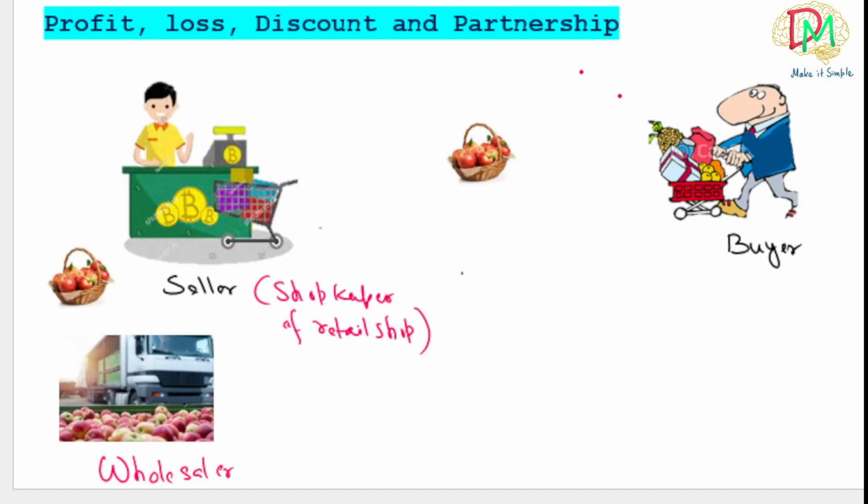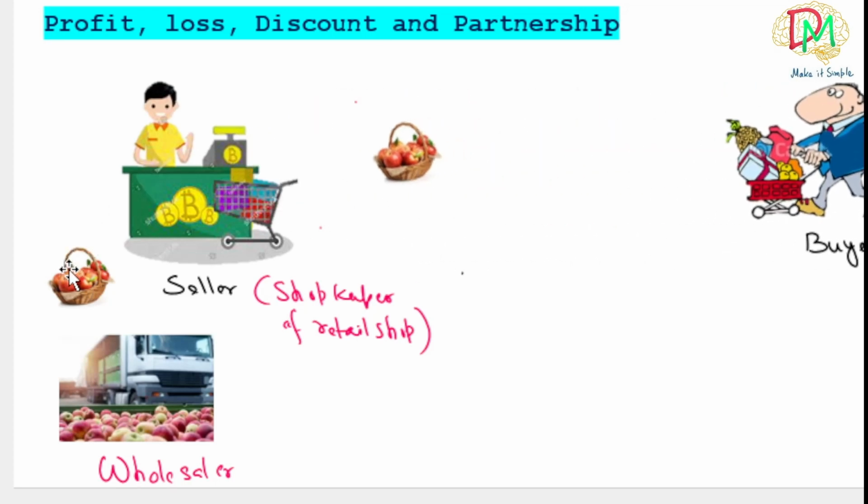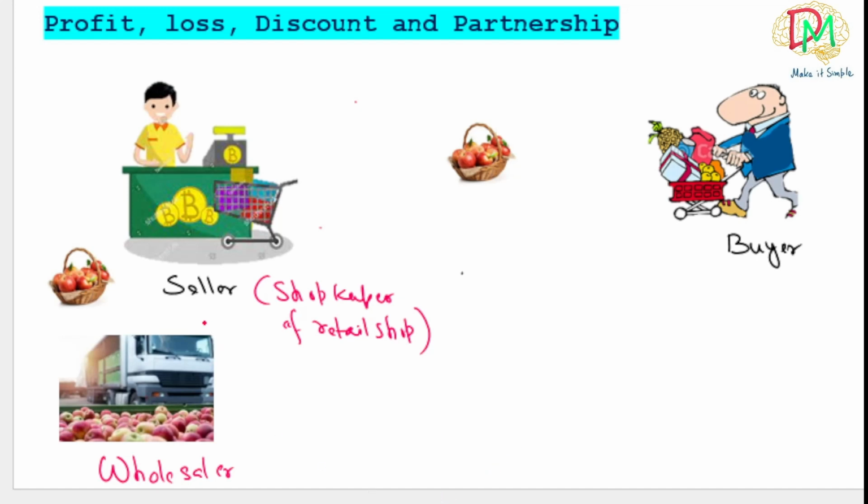And the buyer goes to the shop and buys some product. The seller buys apples in bulk from the wholesaler, and the buyer buys the apples from the retail shop, and this buyer is the consumer, like us.